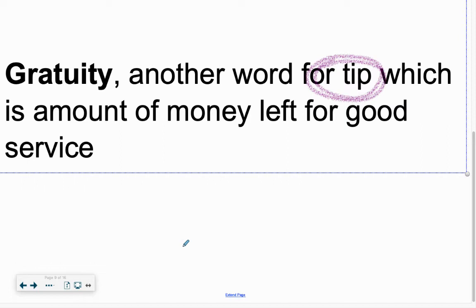That is because waiters and waitresses do not make minimum wage. They make $2 or $3 or $4 less than minimum wage because they're supposed to make most of their money from tips, from having good service. So when we have that good service, again, gratuity, same thing. We're going to have to take and multiply, and then we're going to add that on in when we leave a tip.